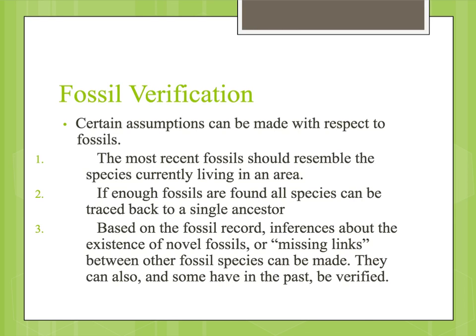Based on the fossil record, inferences about the existence of novel fossil species or missing links between other fossil species can be made. They can also, and some have in the past, be verified. Missing links that are theorized can be verified when examples are found in nature.